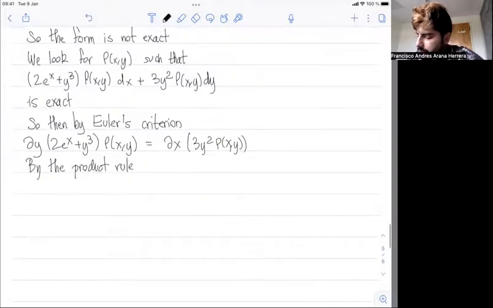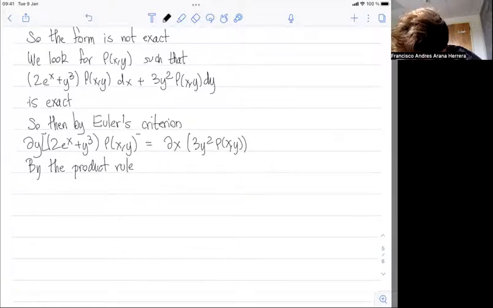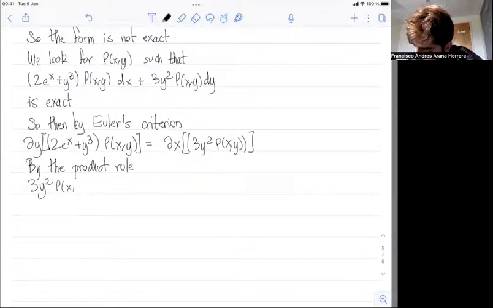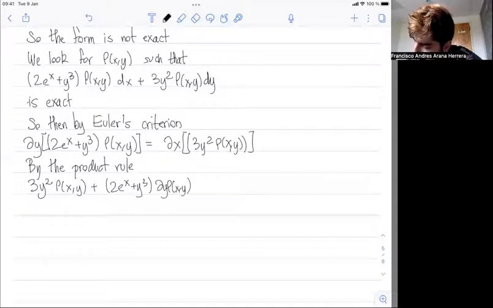Partial y of this is 3y^2 rho(x,y) plus (2e^x + y^3) times partial y of rho(x,y), equals, well, the partial x of 3y^2 is 0, so nothing there, and then 3y^2 times partial x of rho(x,y).